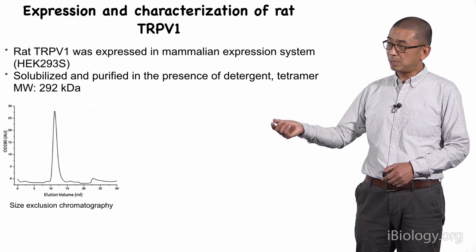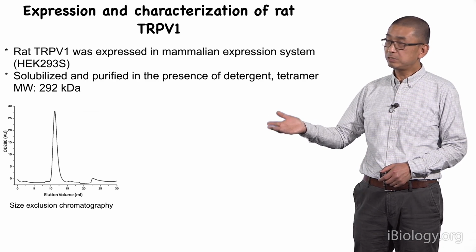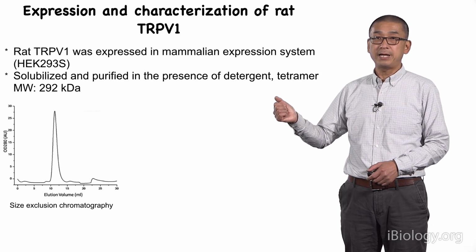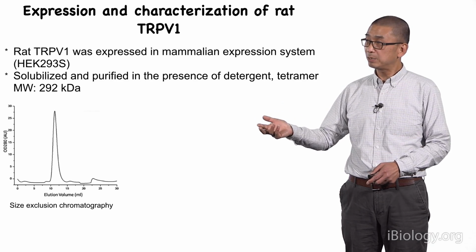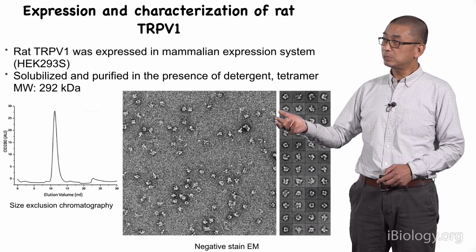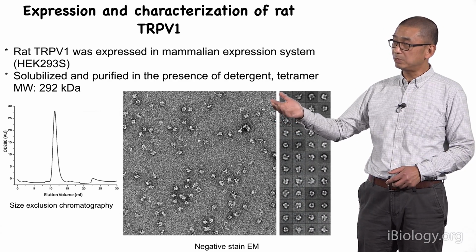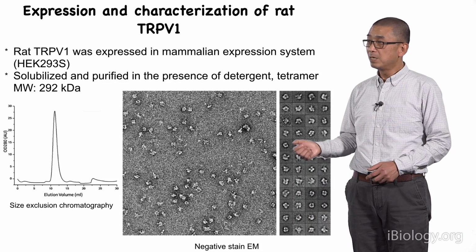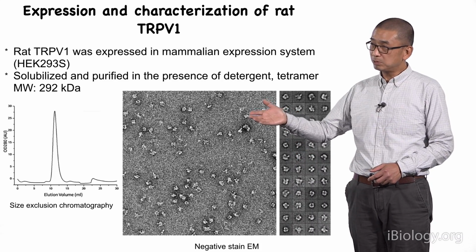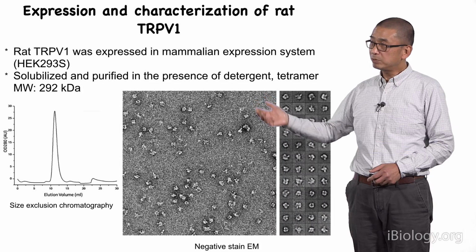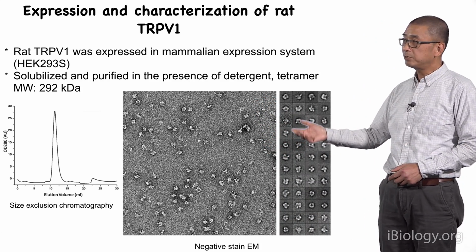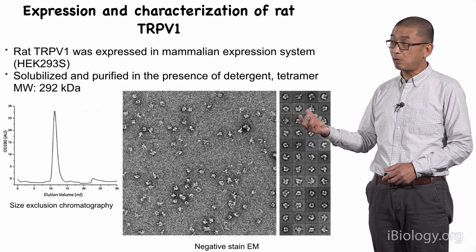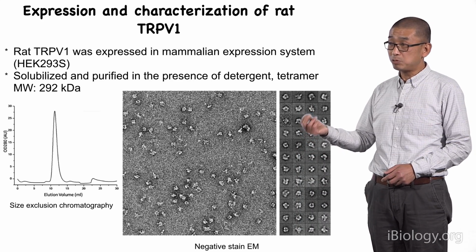It's a very nice single peak, suggesting that the protein is monodisperse and in good shape. Then we visualized this membrane protein in negative stain EM, showing that indeed the proteins are monodisperse. However, the 2D class averages of these particles show that they are still quite conformationally heterogeneous.